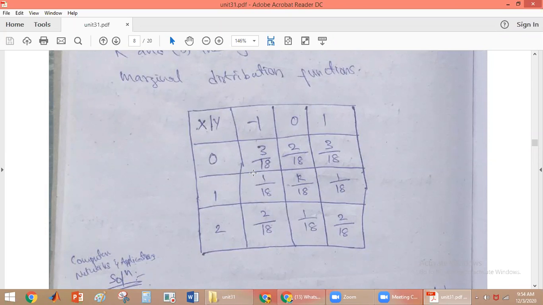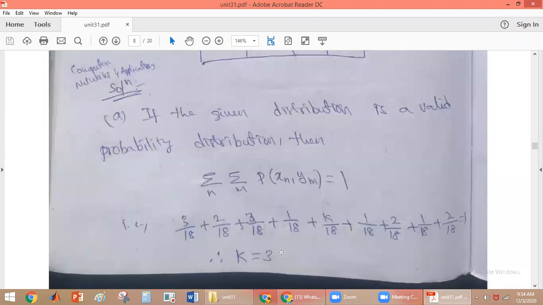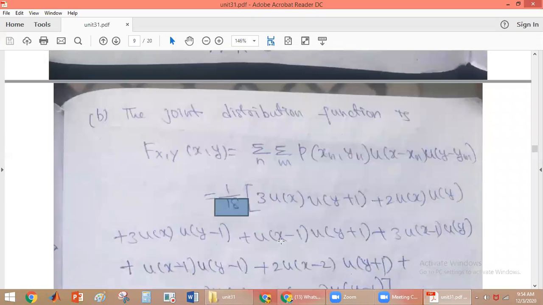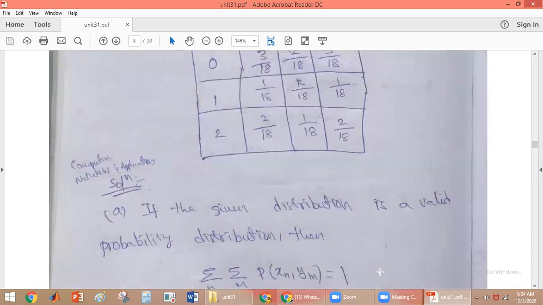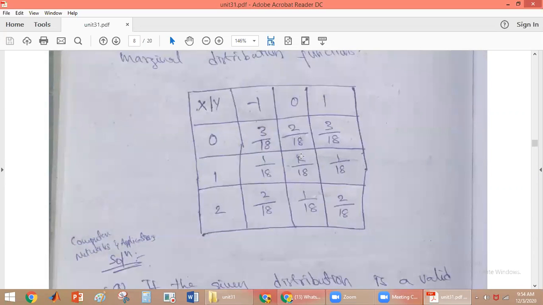And the next term will be 1 by 18 u of x minus 1, u of y plus 1, because it is minus 1. The next term is the k value, we got it as 3, so it is 3 by 18 u of x minus 1 u of y, because ym is 0 here.